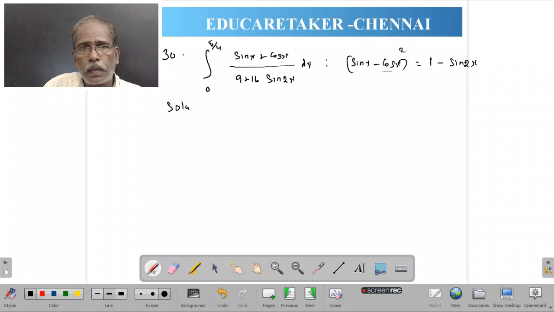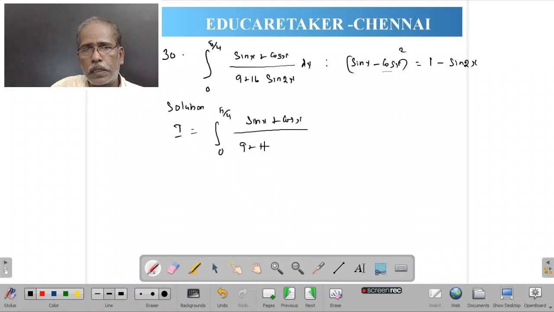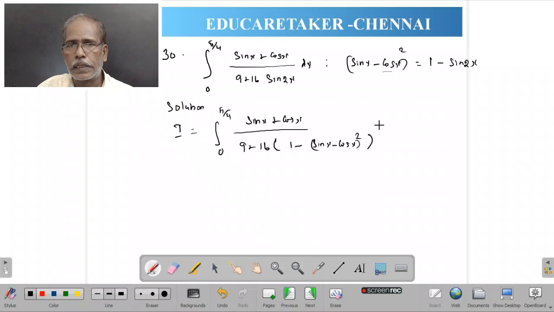Solution. I can be taken 0 to pi by 4, the numerator sin x plus cos x, the denominator 9 plus 16 instead of sin 2x, 1 minus (sin x minus cos x) the whole square, and dx.